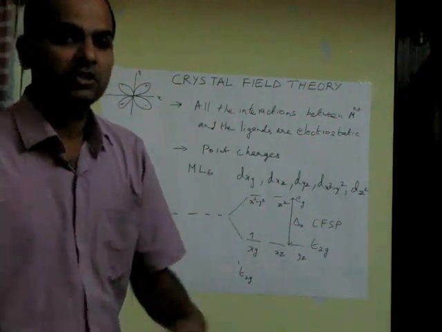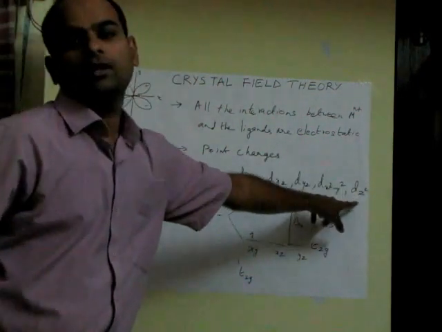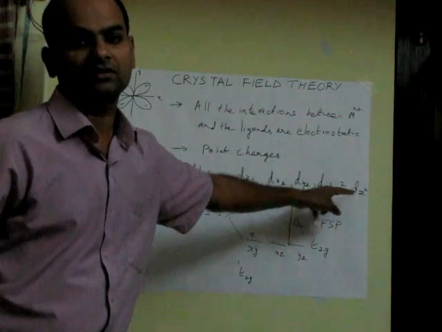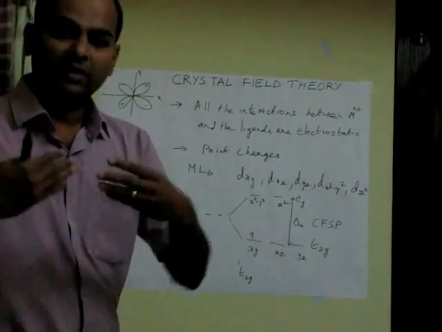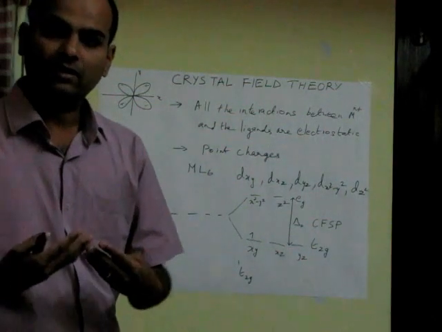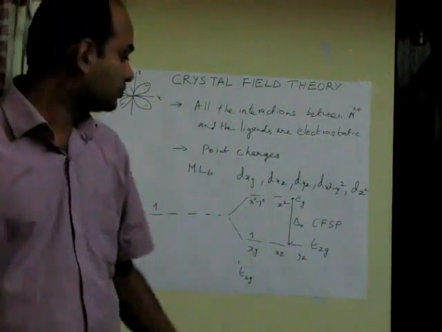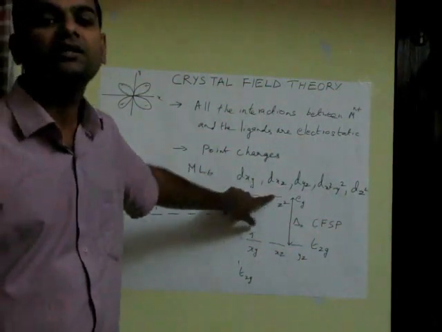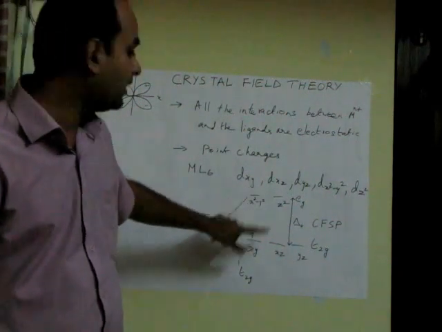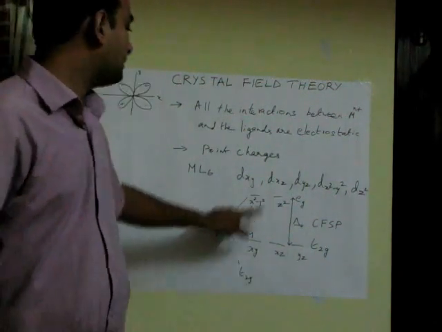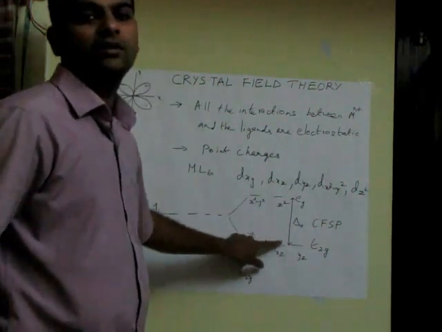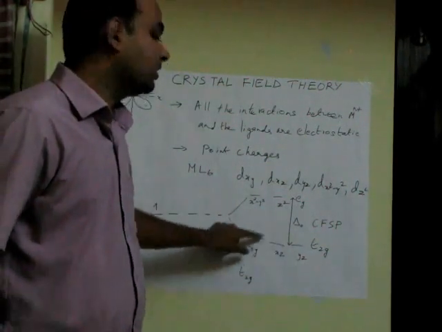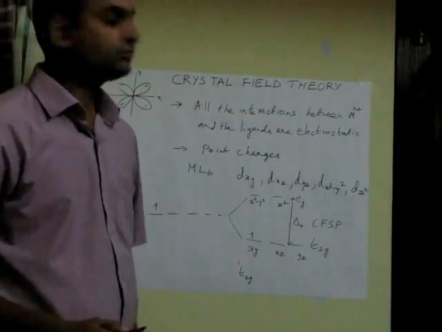Because of which the electrons in these two orbitals will experience greater repulsion. We all know that when there is greater repulsion, there is greater energy, and so the system is said to be destabilized. Relative to that, these orbitals are stabilized.